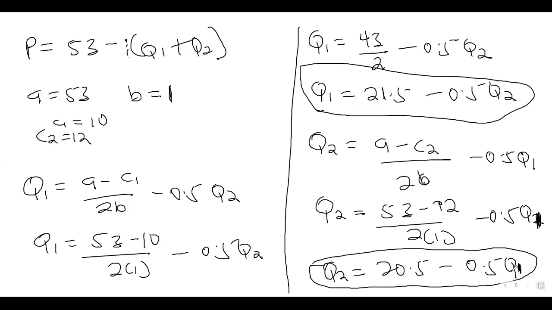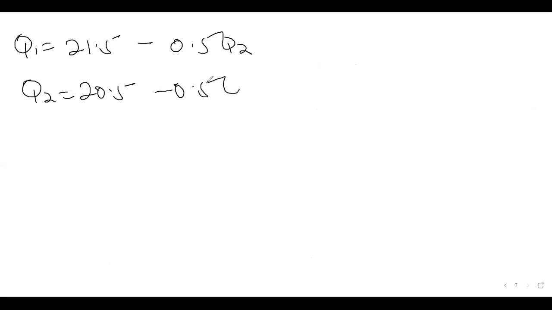So the two reaction functions are Q1 is equal to 21.5 minus 0.5 Q2, and then Q2 is equal to 20.5 minus 0.5 Q1. Okay, so we are going to solve these functions simultaneously.